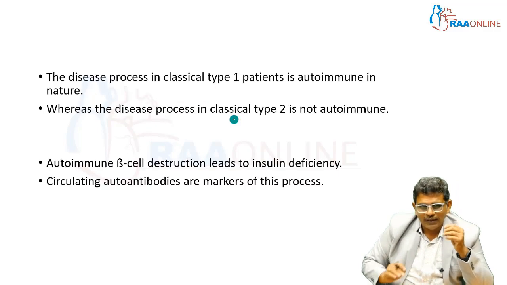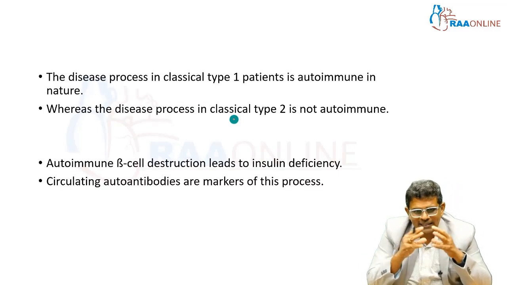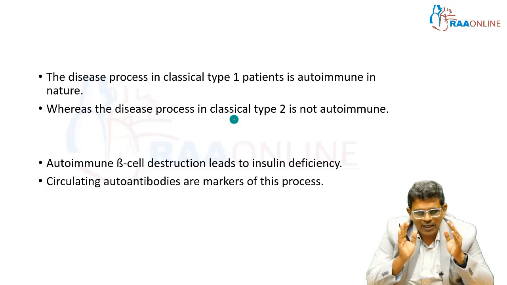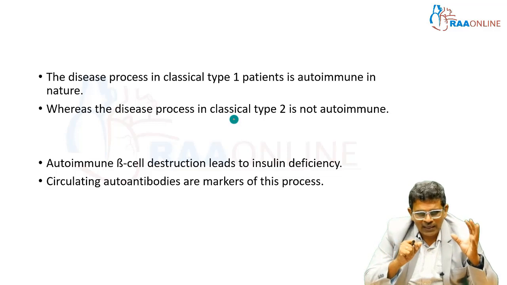So as we see how the ADA classifies diabetes, the disease process in classical type 1 diabetes is autoimmune in nature. When we say autoimmune in nature, the autoimmune beta cell destruction leads to insulin deficiency. The circulating antibodies are markers of this process.